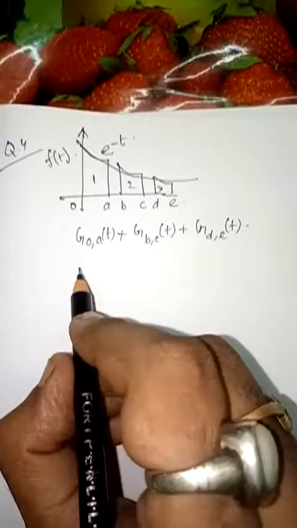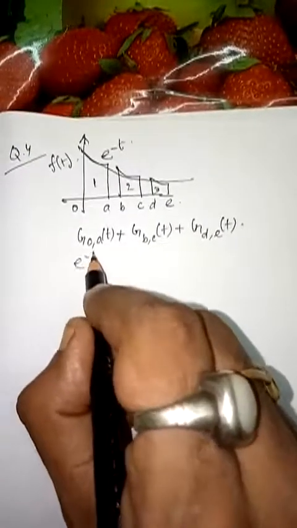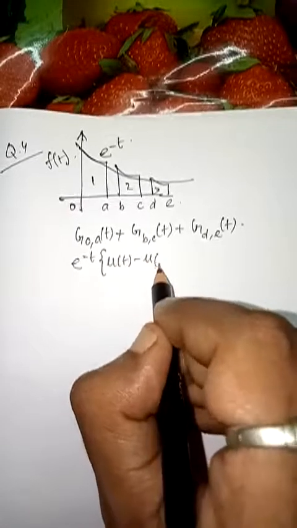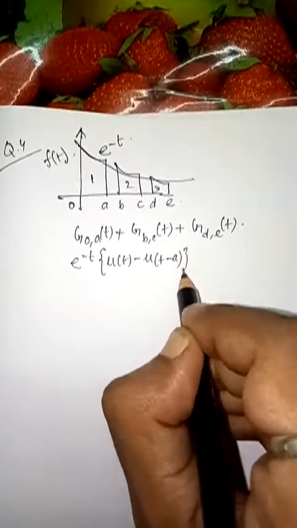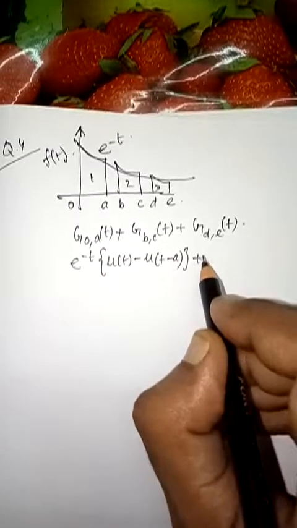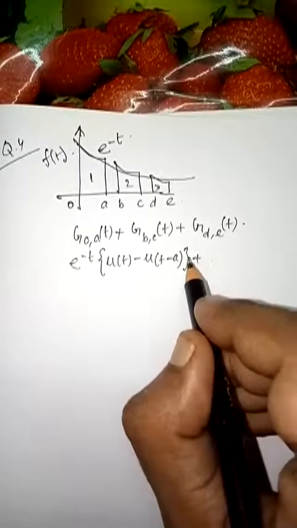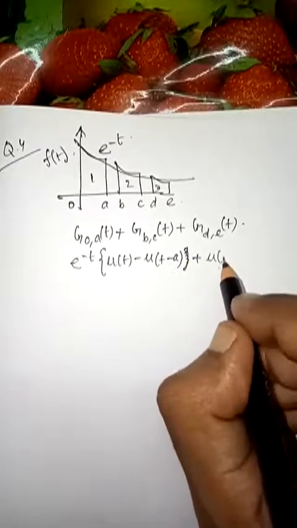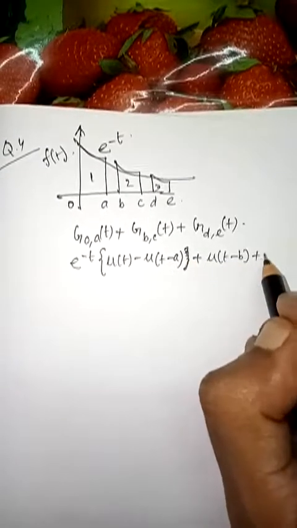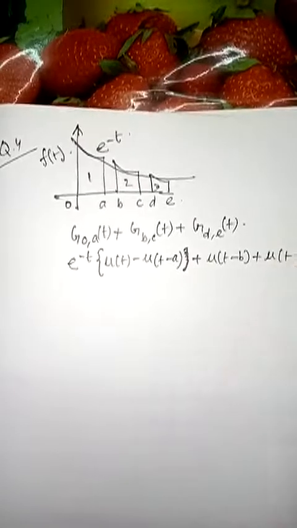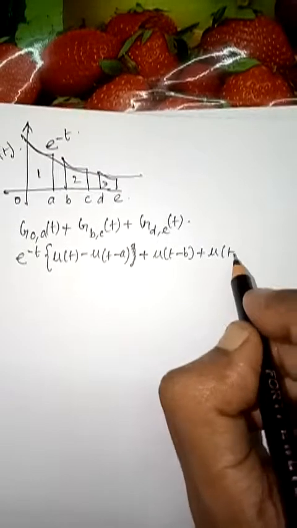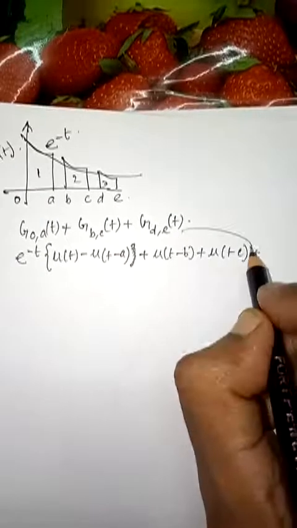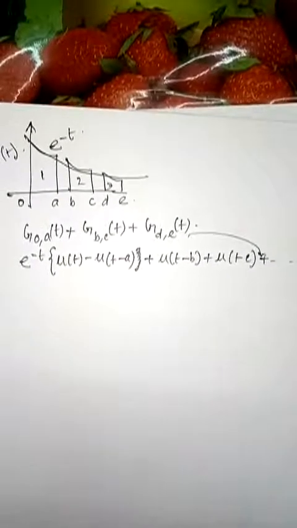You can easily evaluate this and find that e to the power minus t times u(t minus a) plus u(t minus b) plus u(t minus c), and so on. It is easy to solve.